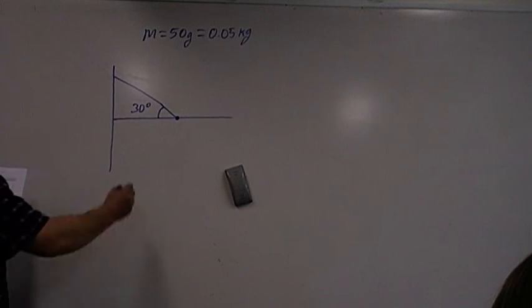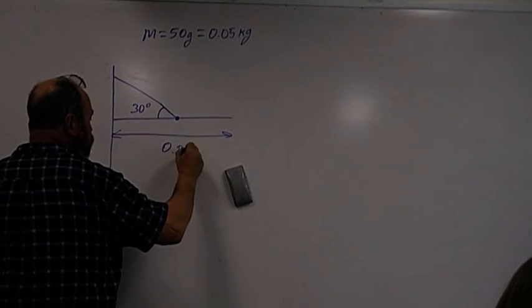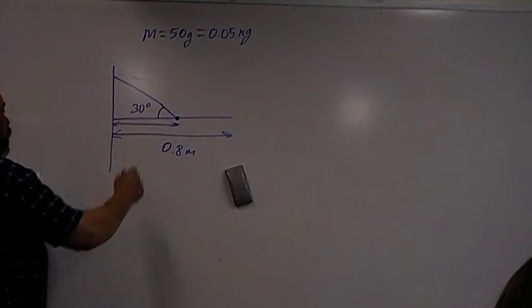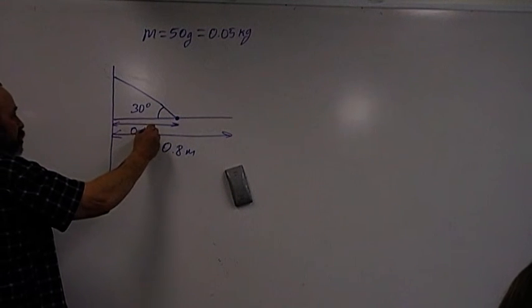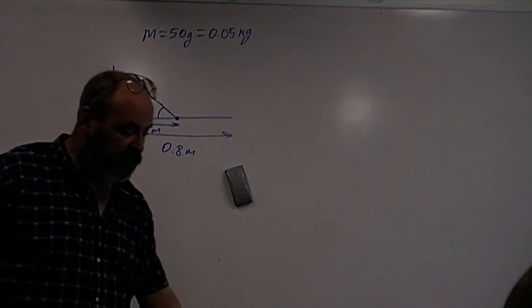The length of the beam is 0.8 meters, and the distance where the string is attached to the beam to support it is 0.4 meters. We need to find the tension in the string.